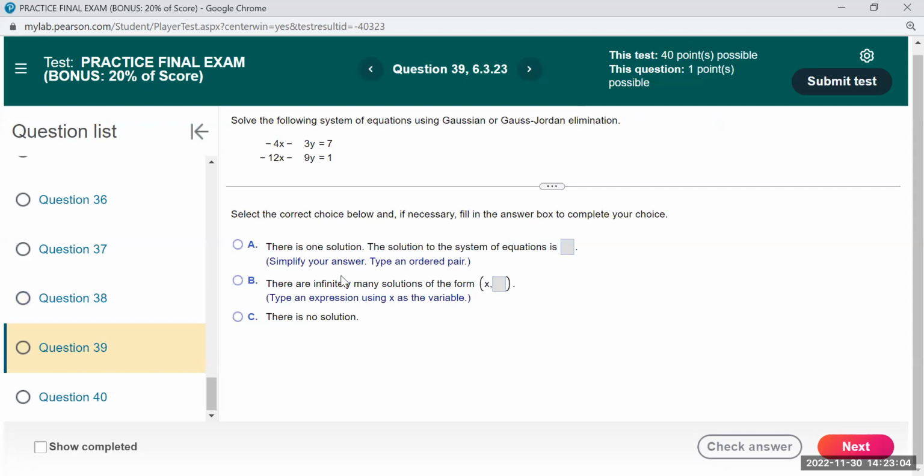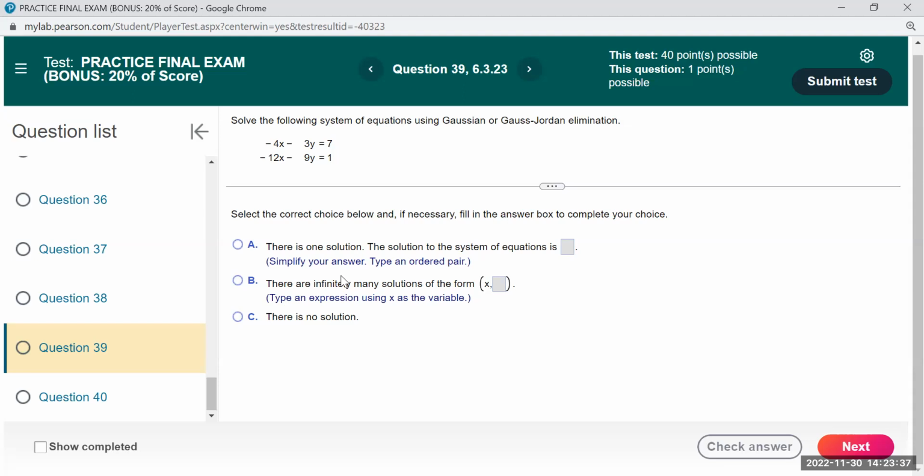Okay. This one says solve using Gaussian. It says solve. That's all I read. -4x minus 3y equals 7. -12x minus 9y equals 1. This is line 1.